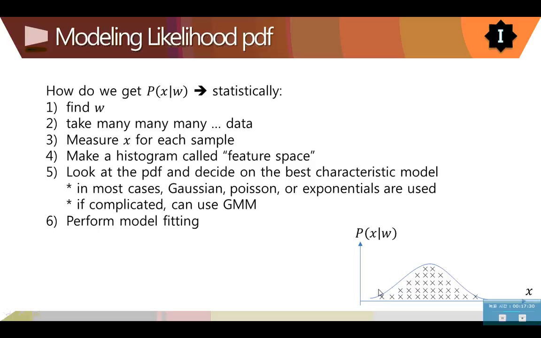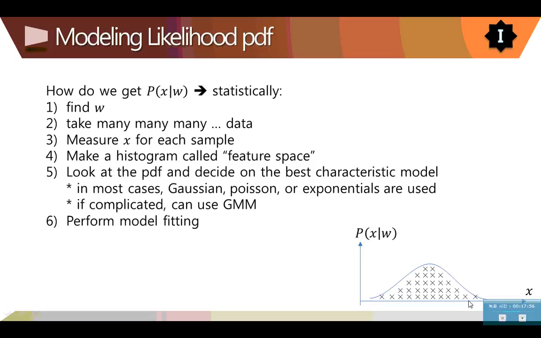What we need to do next is to model this histogram. This involves some empirical knowledge. We need to know if this is multimodal or unimodal, and which distribution fits this one better. But in reality, most of the time we just use Gaussian, 99% of the time. Sometimes we use Bayesian or exponential distribution to model the likelihood, and it most likely is unimodal, one peak only.